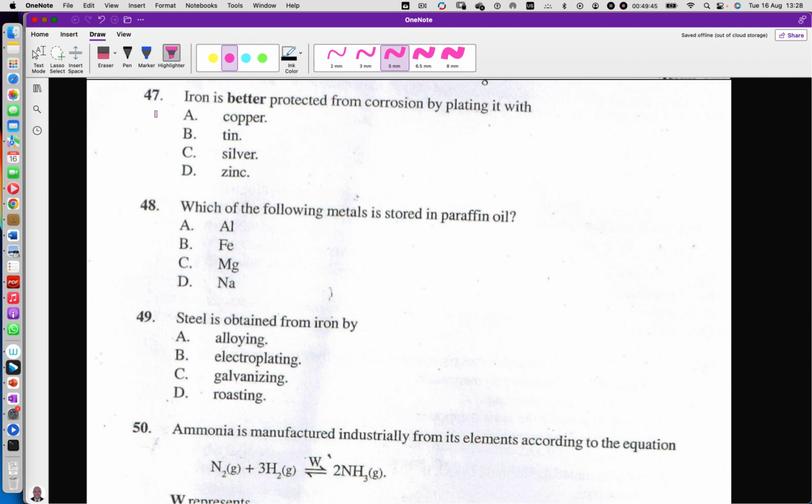From all investigation, iron is better protected from corrosion by plating it with tin. Tin is the most appropriate answer. Some can use silver, but tin is more appropriate.